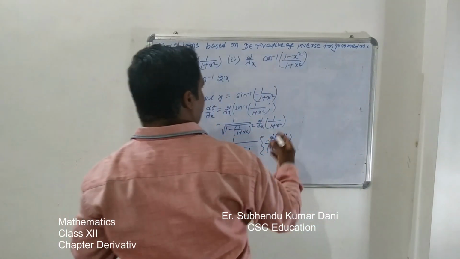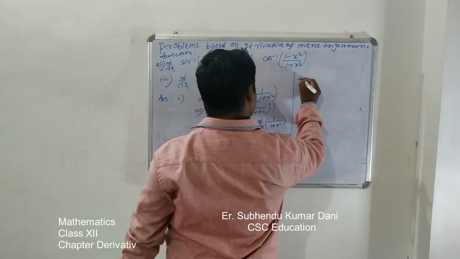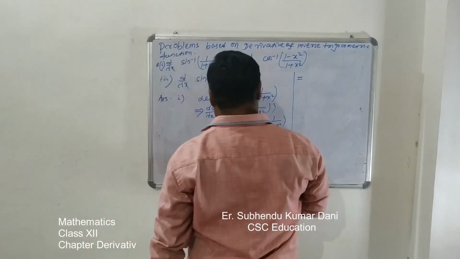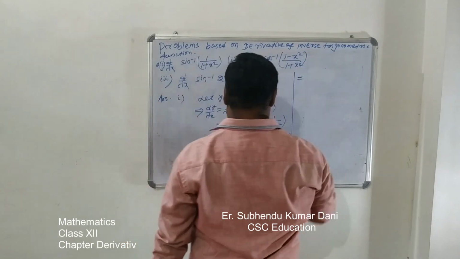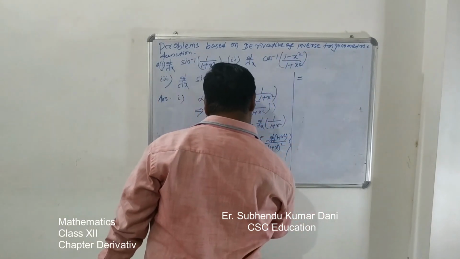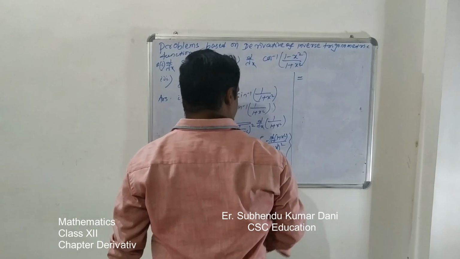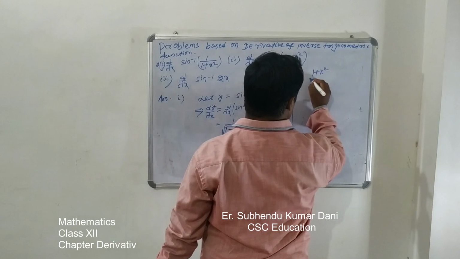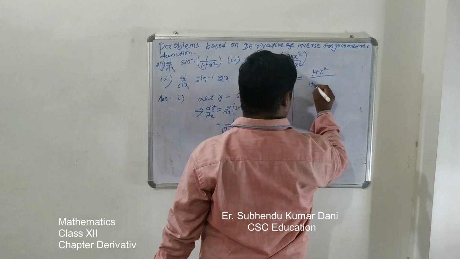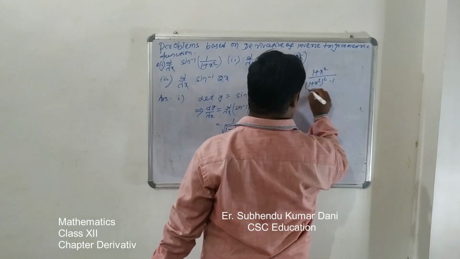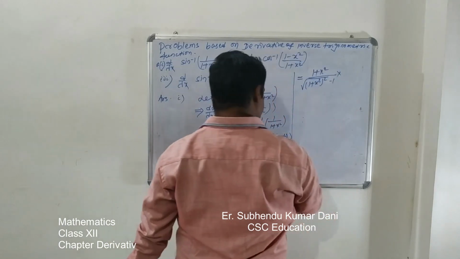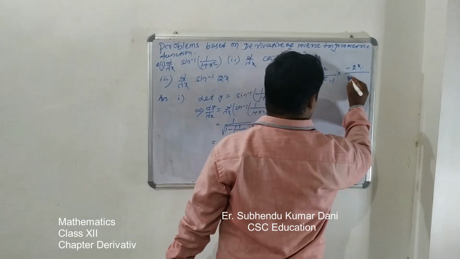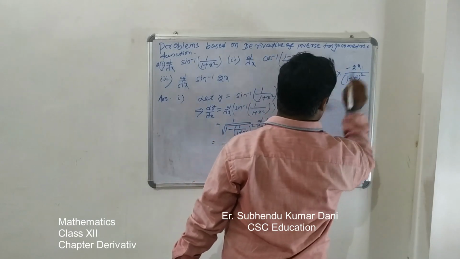So see, this value equals 1 plus x square in the squaring part, and the root over factor here 1 plus x square all. So here now, 1 plus x square, square of minus root over, multiplied by this factor minus 2x by 1 plus x square of square root.